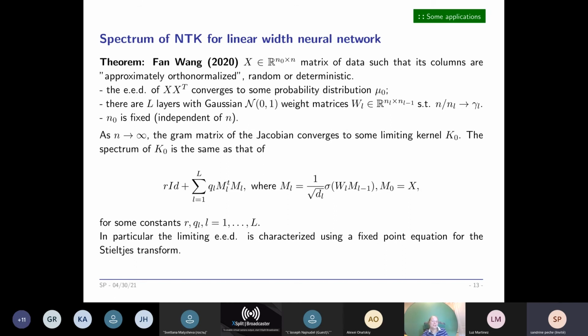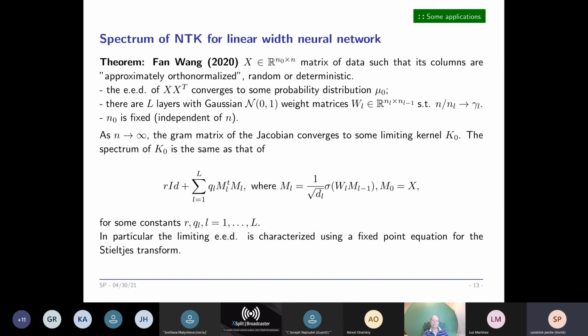But what is important is that the spectrum of this limiting kernel is the same as that of a linear combination of the identity matrix and the sample covariance matrix we obtain from the output after each layer. And the limiting empirical eigenvalue distribution is characterized. This is the limiting distribution I gave on the previous slide, actually.